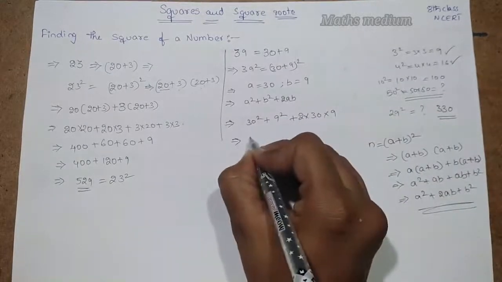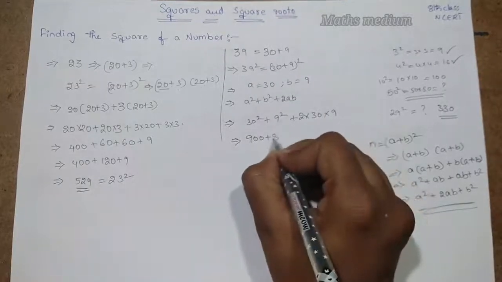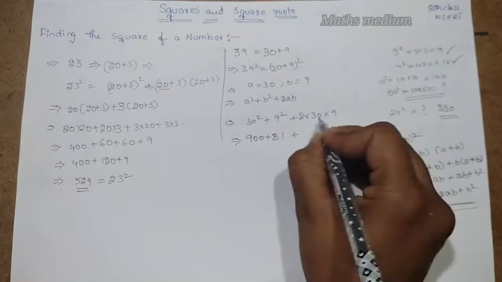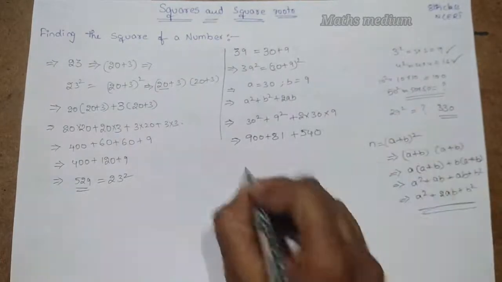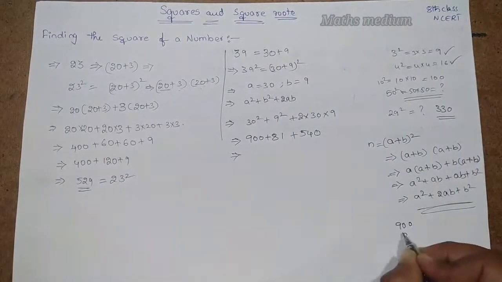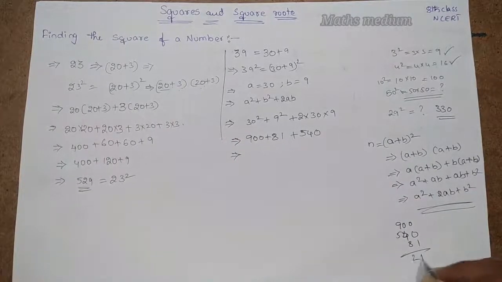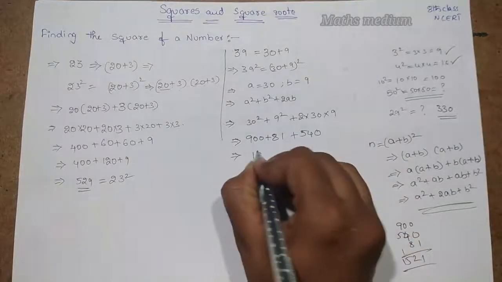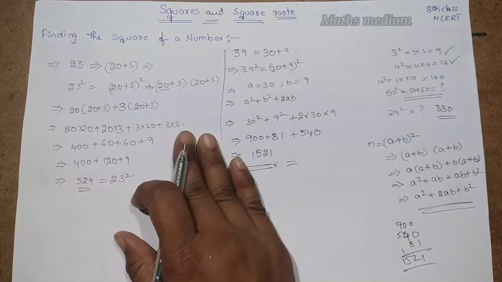Now 30 square is equal to 900, plus 9 square is equal to 81. 2 into 30 is 60, 60 9s are 540, right? So by adding 900, 540 plus 81, we get 1521 as the answer for this given square number.